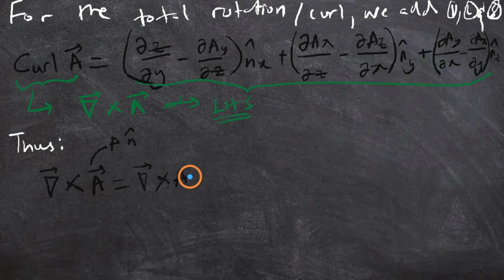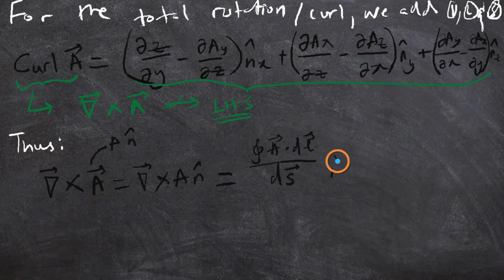So the curl of A is the same as nabla cross-producted by A in the n hat direction, and we said all that was equal to the closed loop integral of the vector field A dot producted by an element of path dl, divided by some element of area ds.